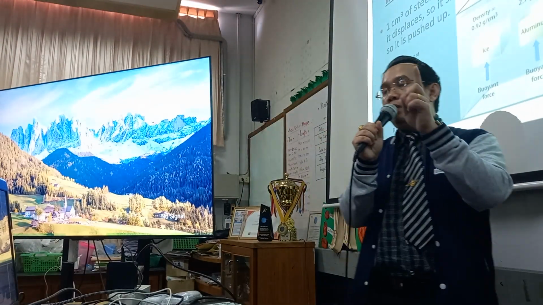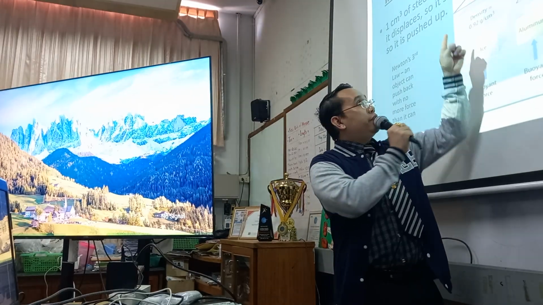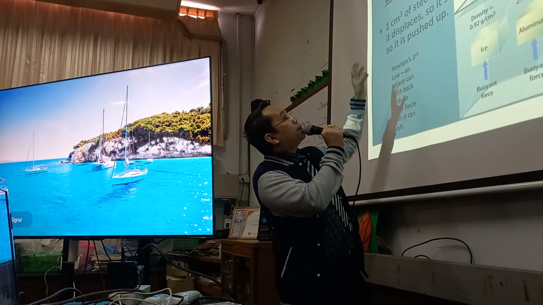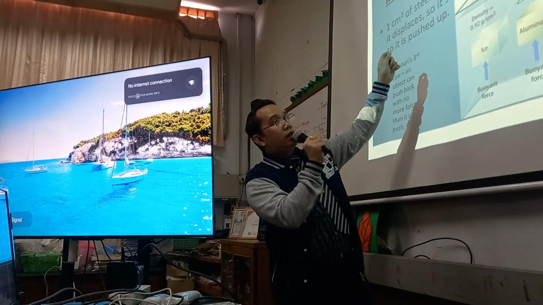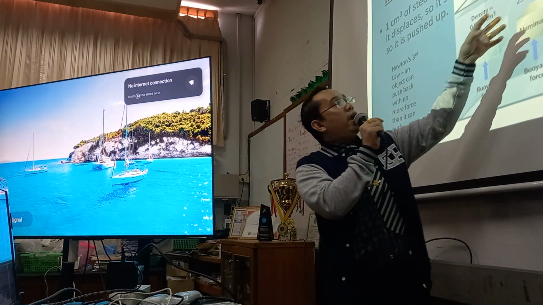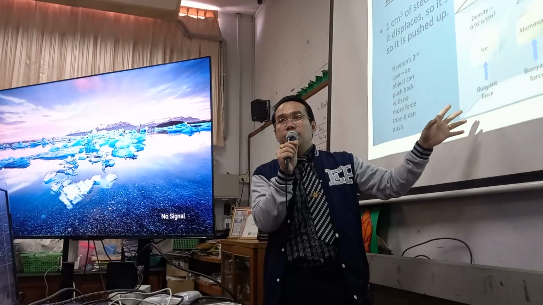1 cubic centimeter of steel weighs more than 1 cubic centimeter of water it displaces. So it sinks. 1 cubic centimeter of ice weighs less, and so it's pushed up.